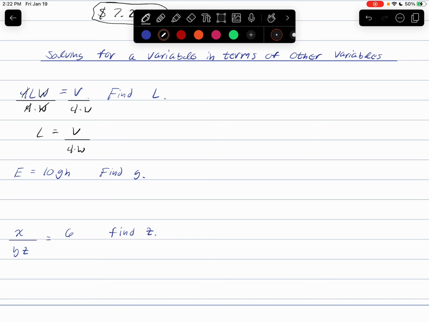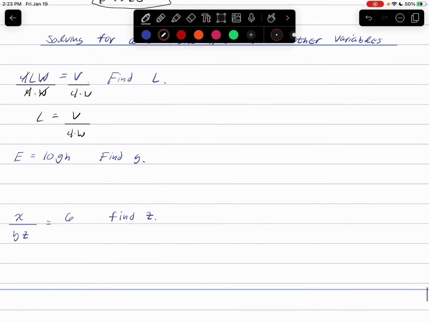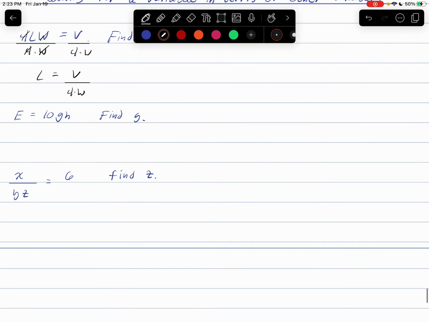Either way is fine. Okay, so here we have L is equal to V over 4 times W. And that would be our final answer. So all we're doing is we're dividing out the variables that we don't want with L, and then we write the final answer.